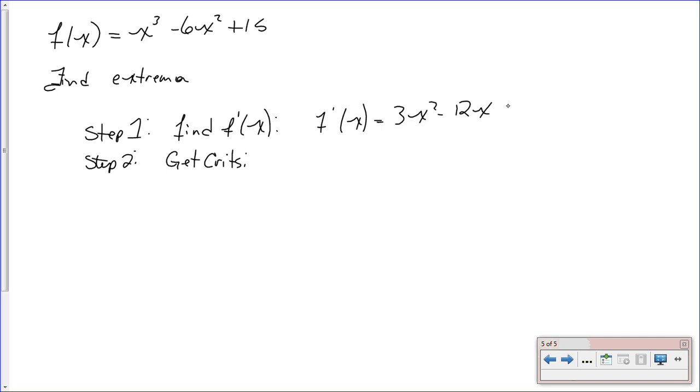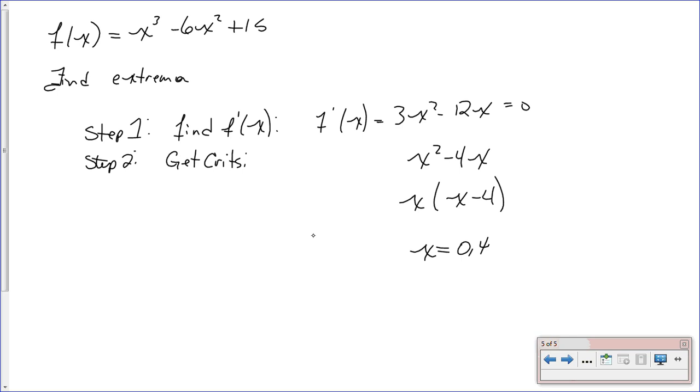Our does not exist case does not exist. So set that equal to 0. You can divide both sides by 3 and get x squared minus 4x. Factor out the x. Set both of them equal to 0. So those are two critical values.